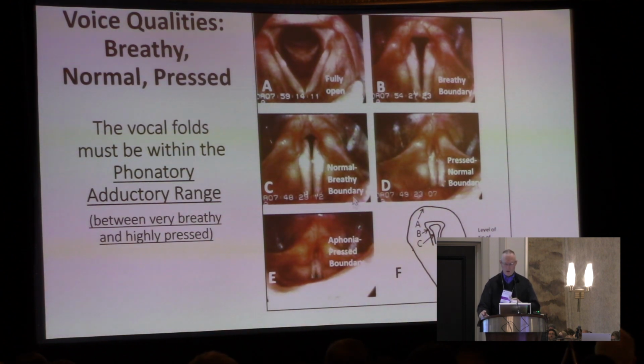And then if you go beyond that, it can be so compressed that you can't phonate no matter what the subglottal pressure is. So the phonatory adductory range is from just breathy phonation, where there is oscillation of vocal folds, to the boundary of pressed to normal. And so that's a phonatory adductory range. You cannot phonate unless the vocal folds are in the phonatory adductory range, placed there by the arytenoids.